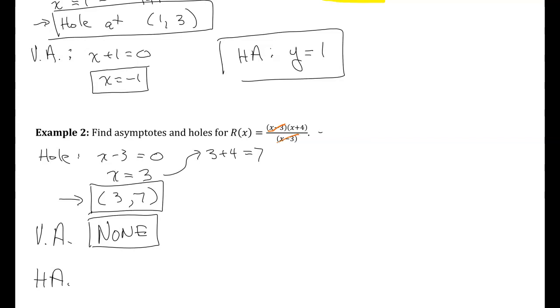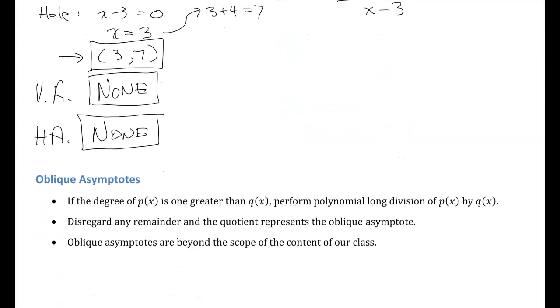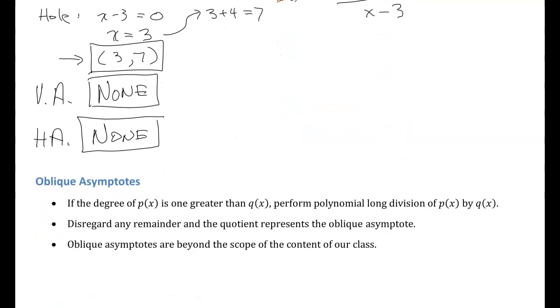So if I distribute it in the numerator, I would have x squared plus x minus 12, and in the denominator I have x minus 3. So the degree of the numerator is greater than the degree of the denominator, which means there are also no horizontal asymptotes.